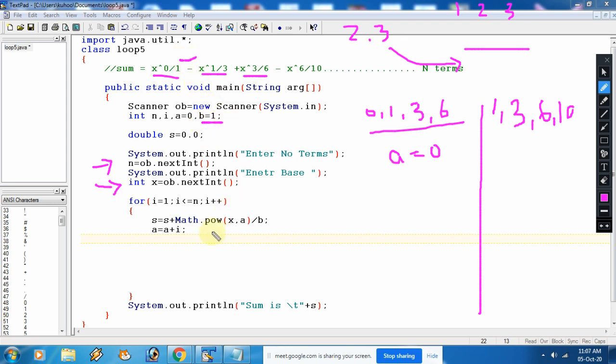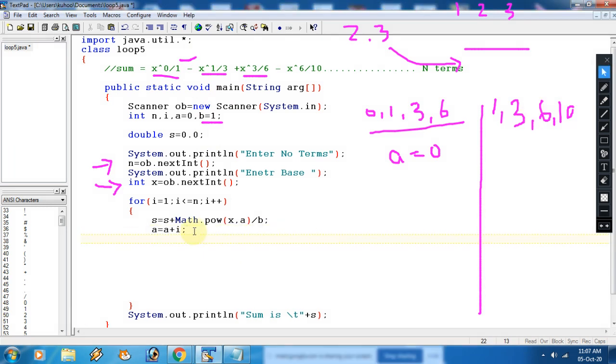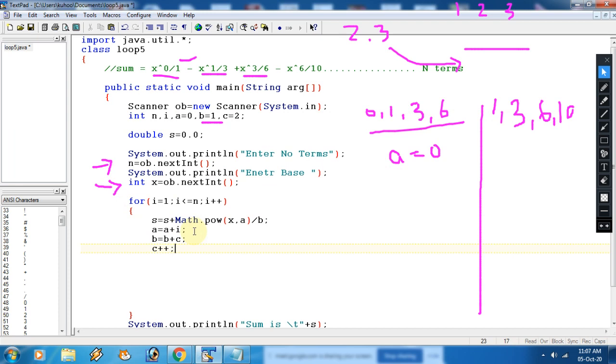So now what you will do next time, b equals to b plus c. So what would be the first value of c? For that we need to declare the first difference, you can see like 2, and then after the difference is increasing by this, right?